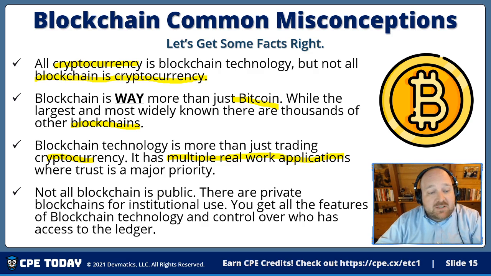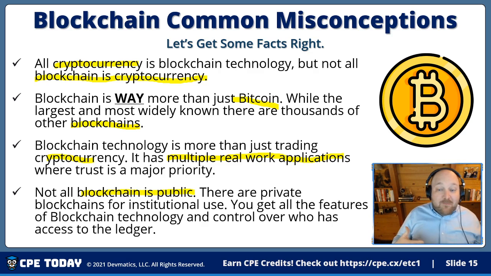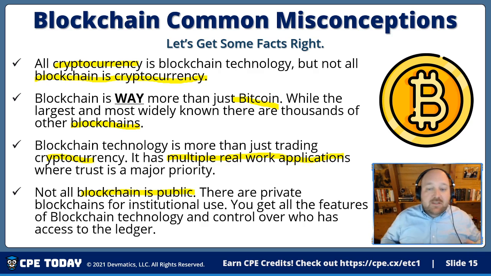Now, the other big misconception is, well, if I work with Bitcoin or Ethereum, all my information is just out there. Yes, that's a public blockchain. That is a feature. That is not a bug of what you get. People who interact with public blockchains want it for that very reason, that transparency and the ability that anybody can interact with that particular technology. However, again, it's not just public blockchains.